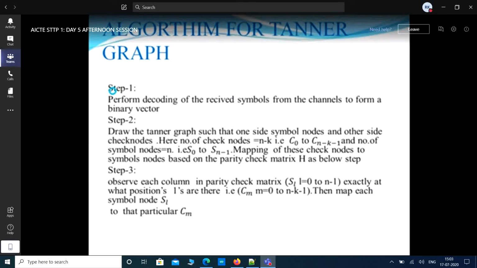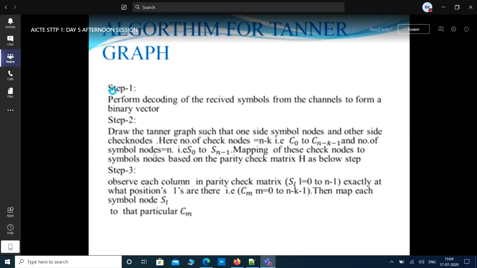The transmitter transmitted the message block through a channel encoder. The channel encoder output contains the message plus parity check bits. This message and parity check is passed through the channel, and at the receiver side the received code word is received first.